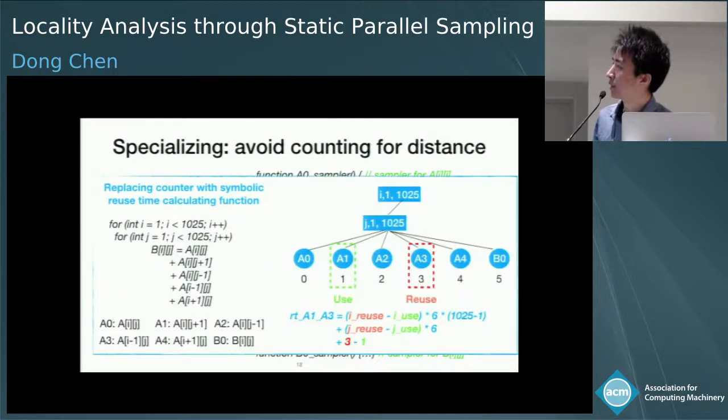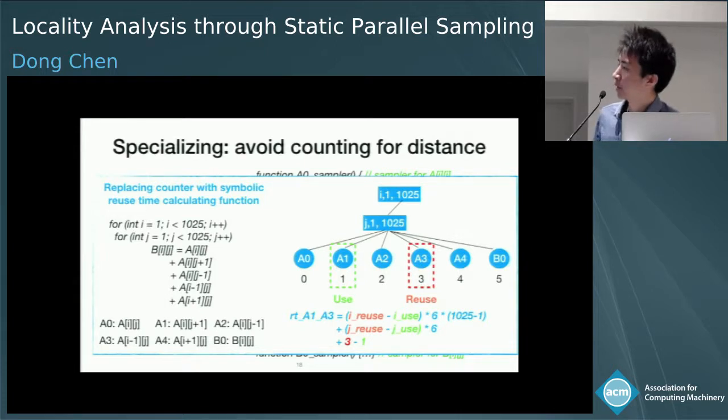It's like this. We have the 5-point stencil program. We have the tree representation, and the top two are the two nested loops, and the round ones are the memory references. We assign a local order for all the memory references, and for use at A1 and reuse at A3, we can generate an expression like this.